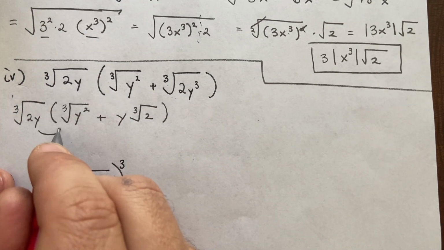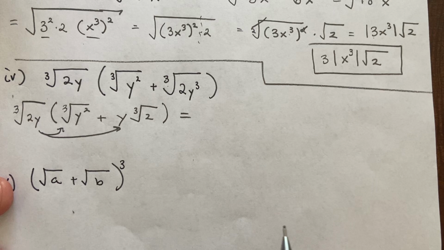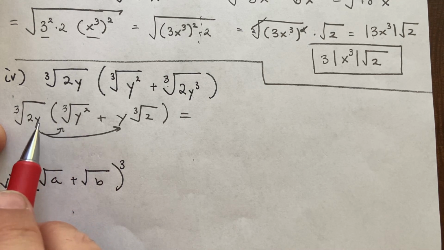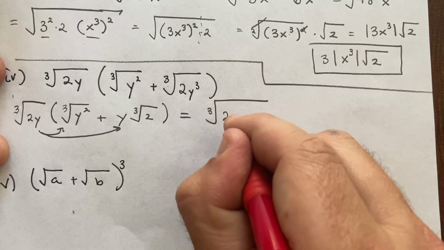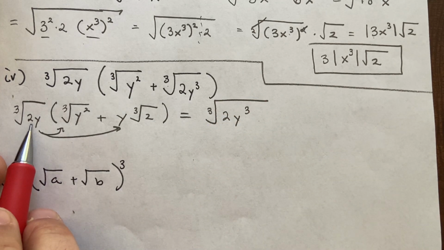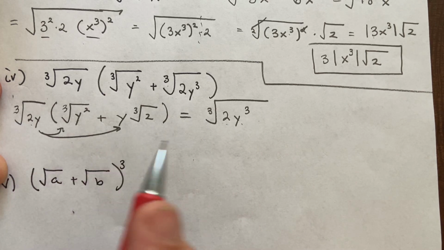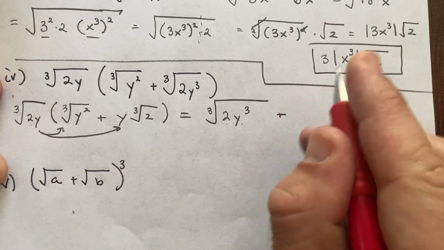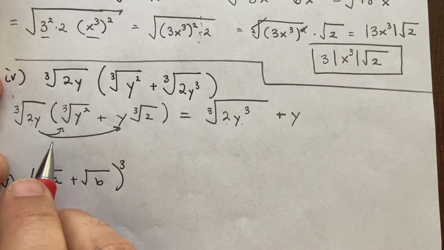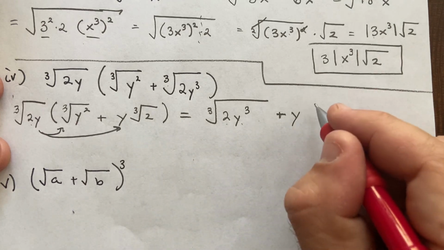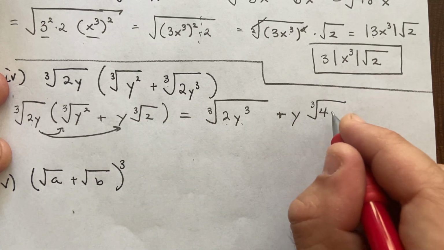And now I can go ahead and distribute this. So this is cube root. I'm basically using the product rule to say cube root of 2y cubed, right? 2y times y squared, 2y cubed. Distribute here, I get plus y, it's a plus y, and then I have the cube root of 2 times 2 times y, so 4y.